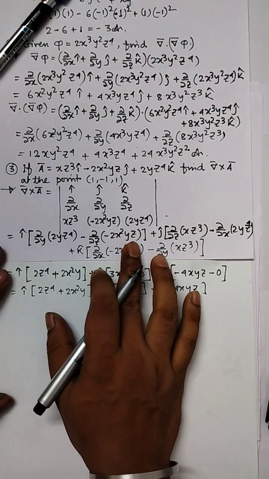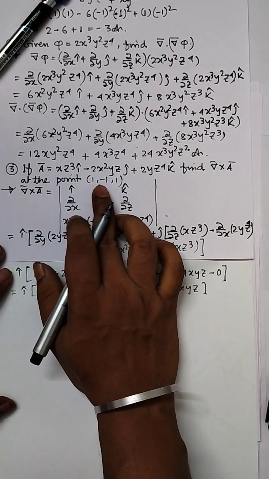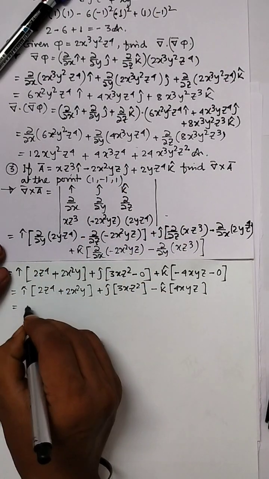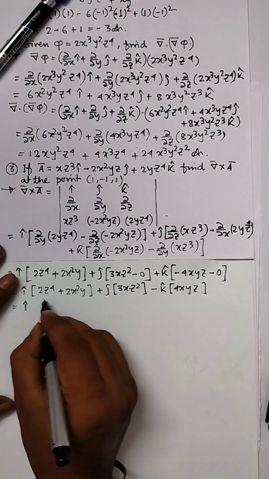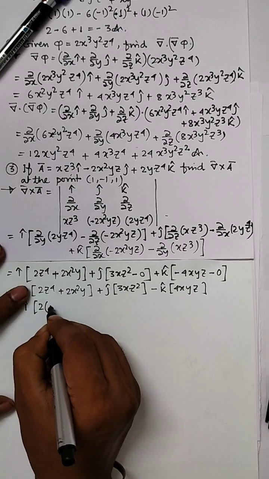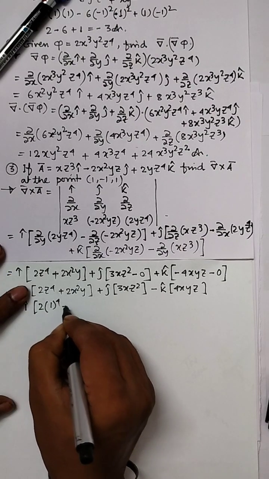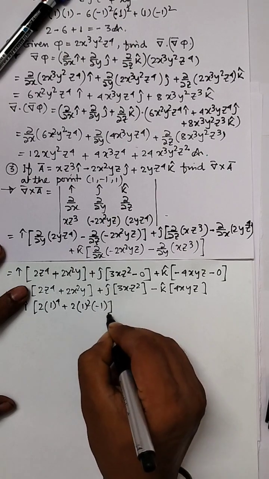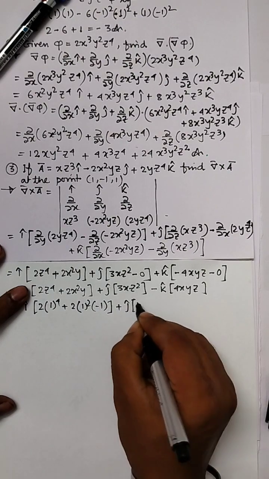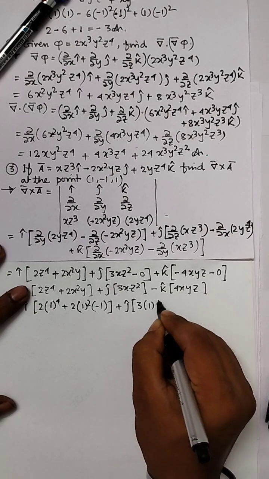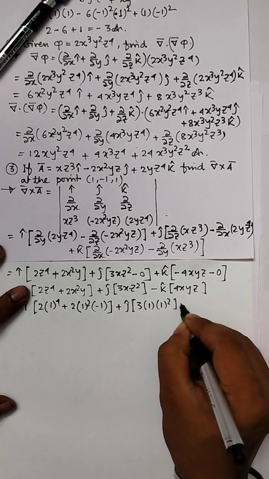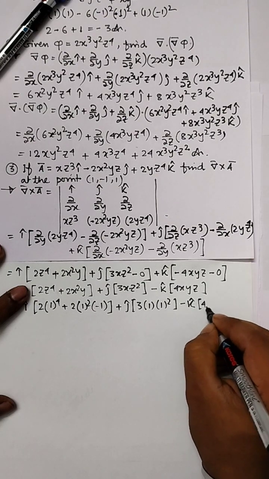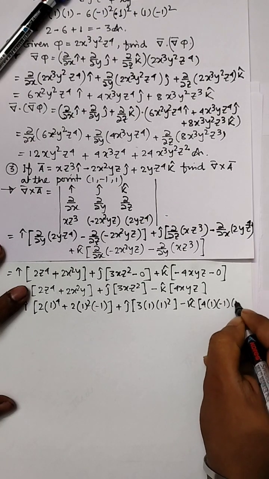Now as per the question, the value of x is 1, y is −1, z is 1. So put the values of x, y, z in this expression. So 2(1)⁴ + 2(1)²(−1) for i, plus j of 3 × 1 × 1², minus k of 4 × 1 × (−1) × 1.